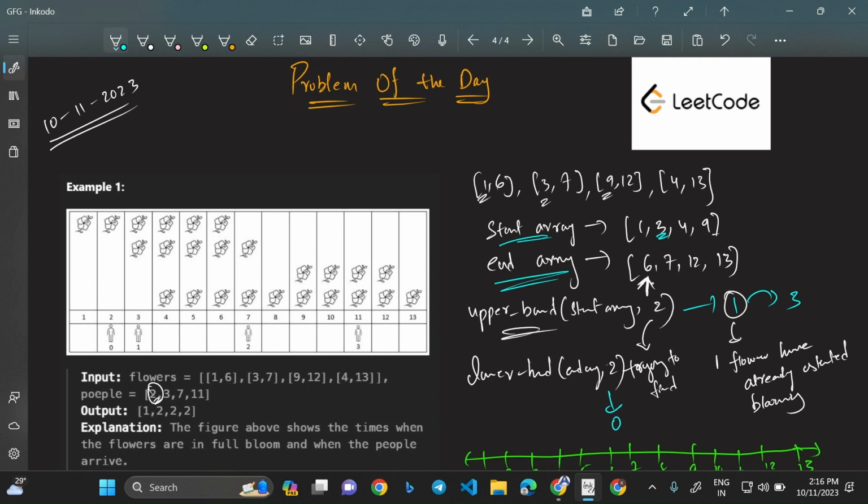So it gives the index of the element which is just greater than or equal to the value we are trying to find, which is 2. What does this index 0 denote? It denotes that 0 flowers have completed blooming.